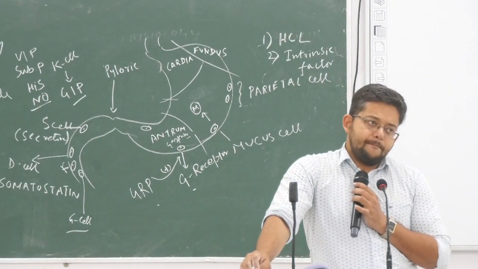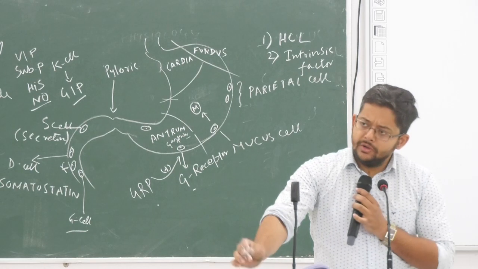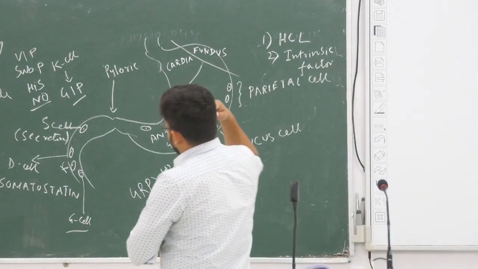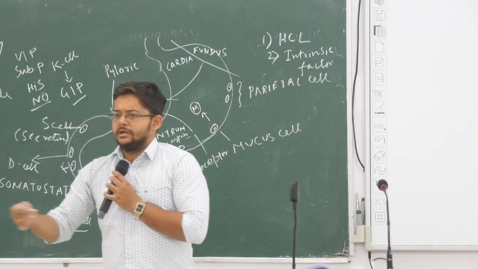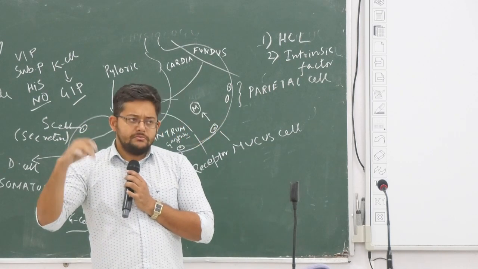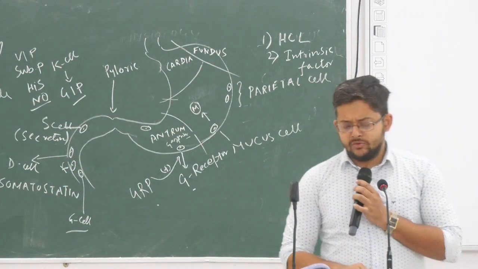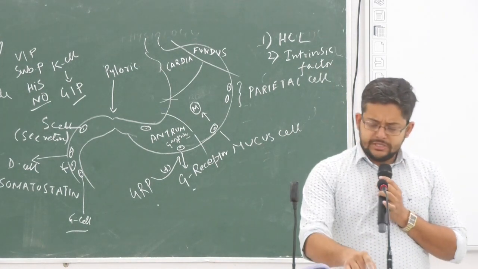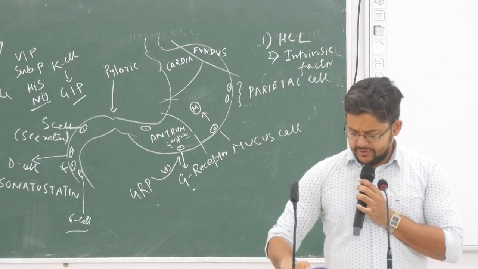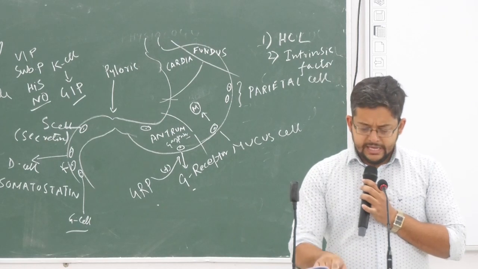We can have multiple other neurotransmitters too, like norepinephrine. So multiple neurotransmitters are there which help in production of these acids.